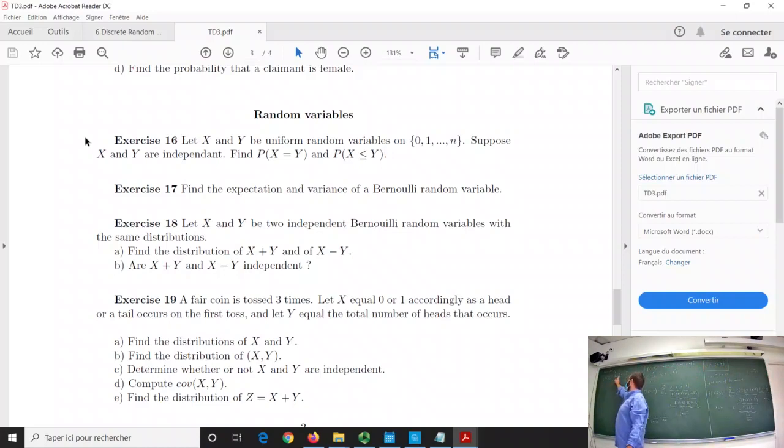I have pairwise disjoint sets. The probability of the union is equal to the sum of the probabilities, knowing that the probability of each of them is equal to 1 over n plus 1. That's why I obtain exactly this term.